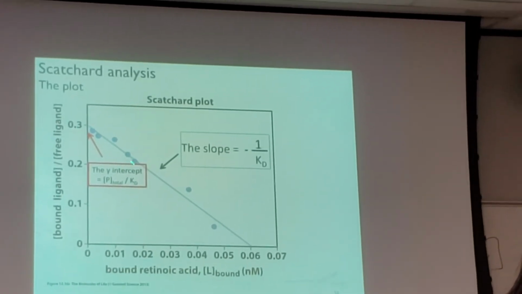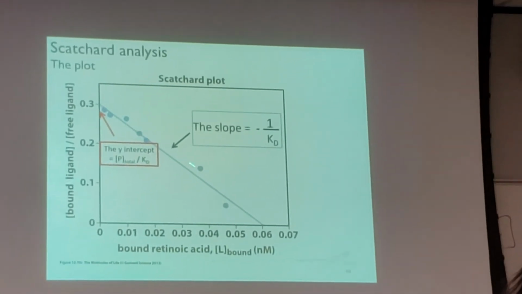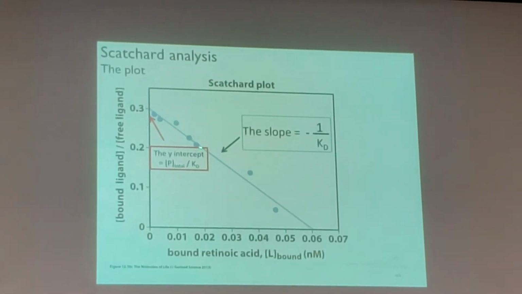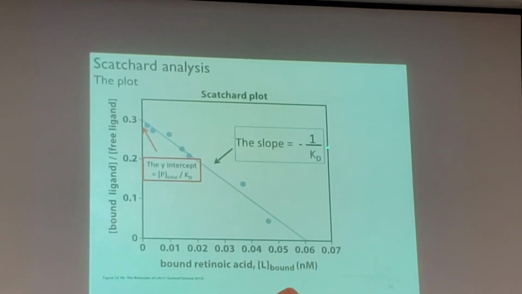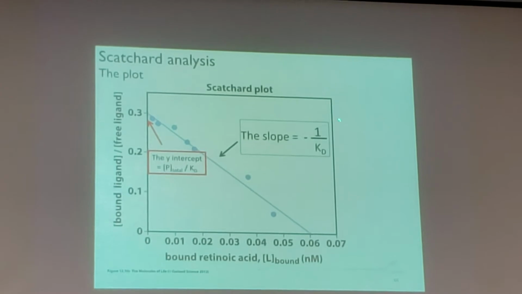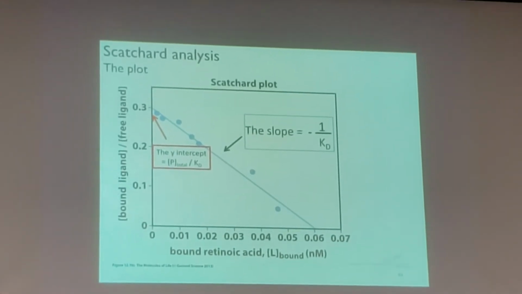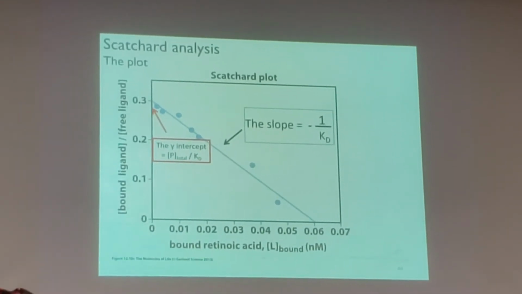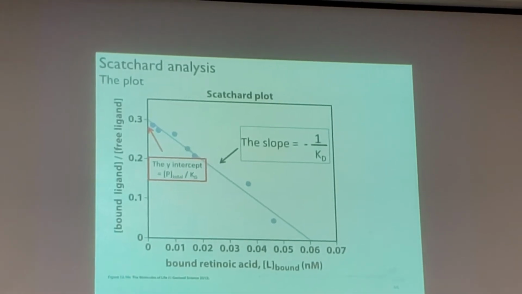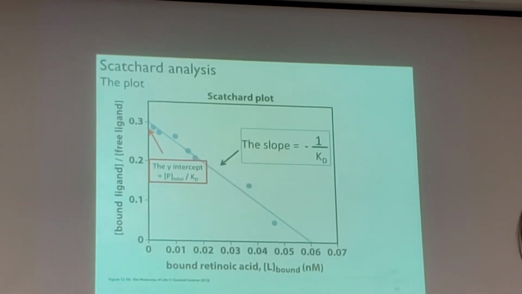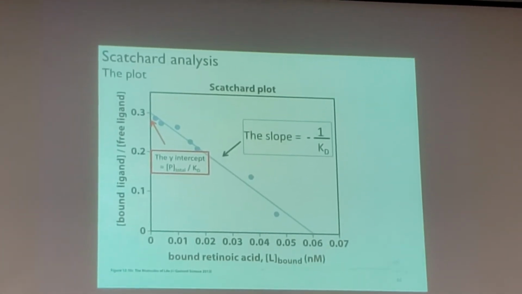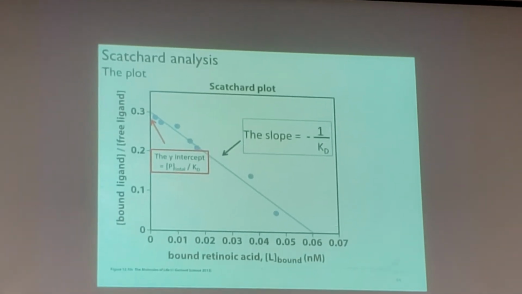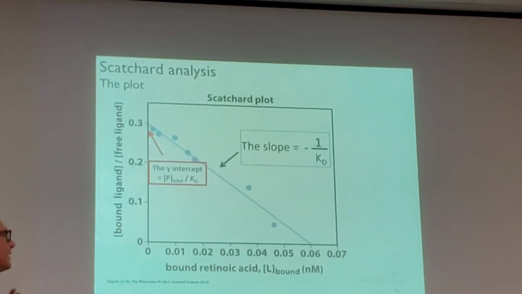Notice that this is a nice, beautiful line with a negative slope. The slope of this line in a scatter plot is negative 1 over my KD. So that's useful. I still get the dissociation constant out, regardless of the fact that I don't know anything about protein concentration.